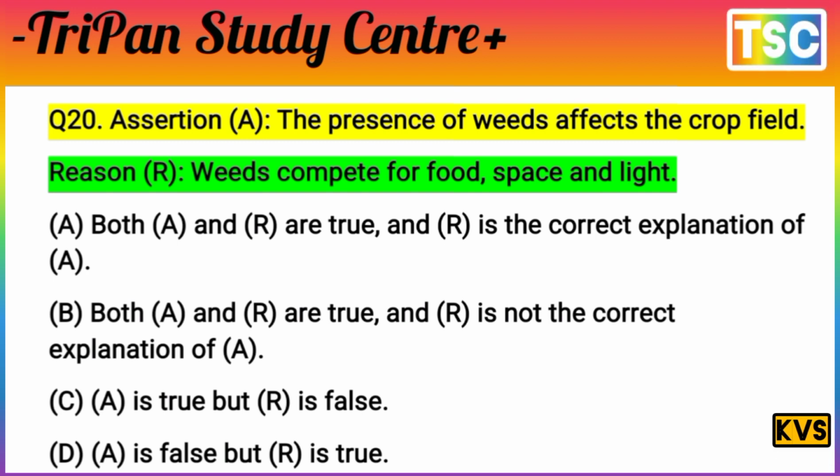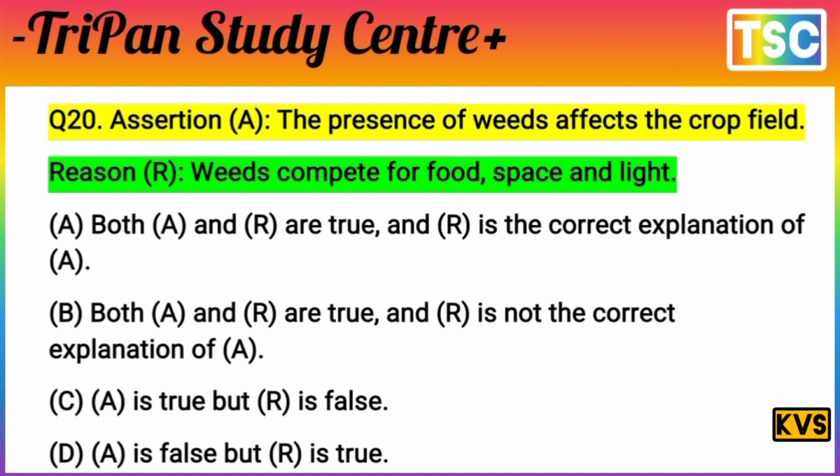The weeds take up the nutrients and reduce the growth of the crop. They need to be removed because they reduce the nutrition for the growing crop. It means the assertion is correct, the reason is correct, and R is the correct explanation.